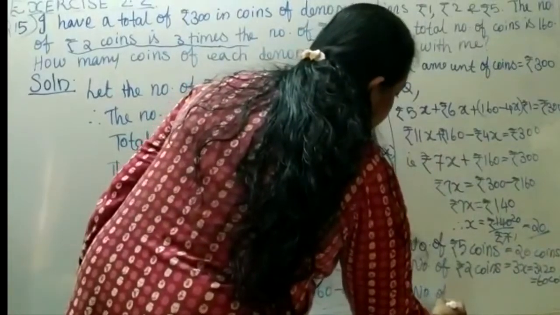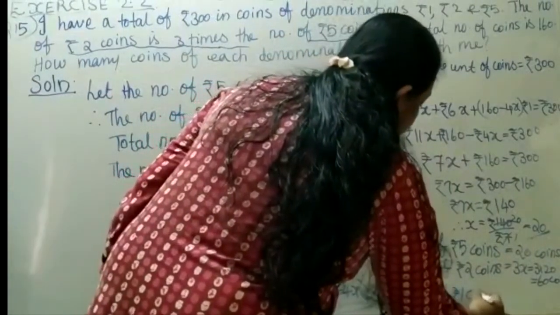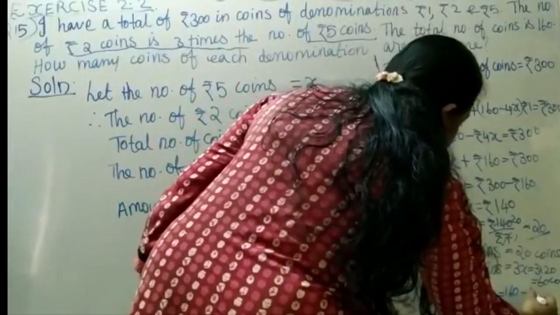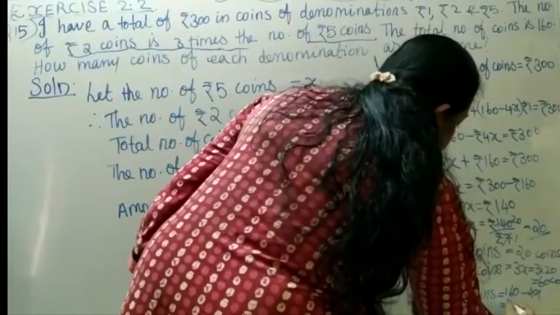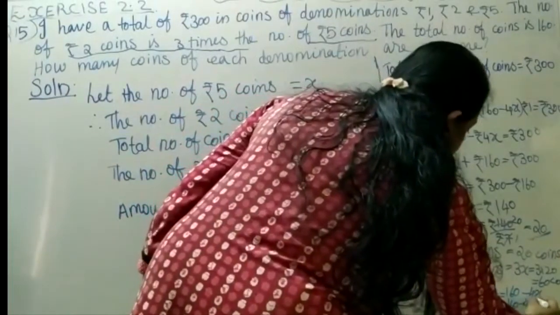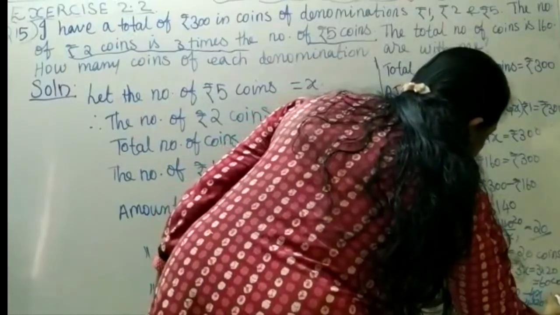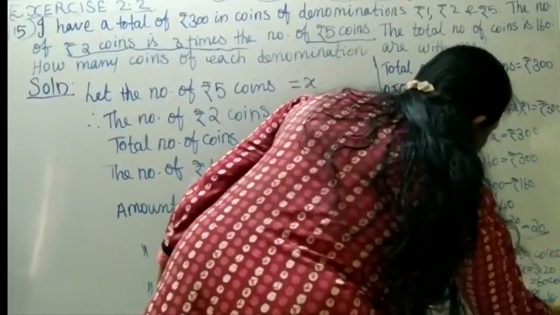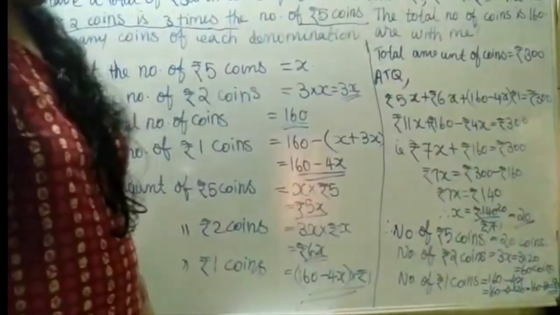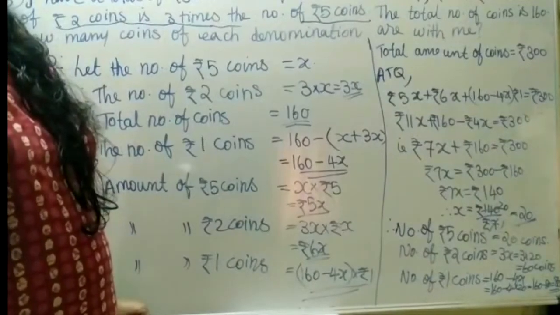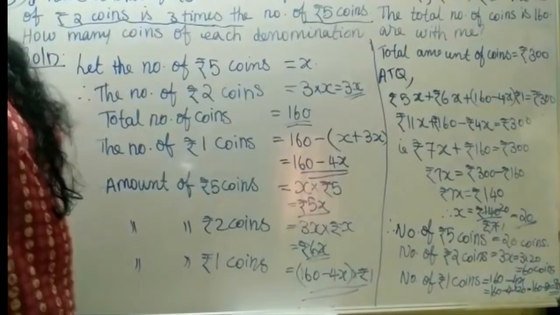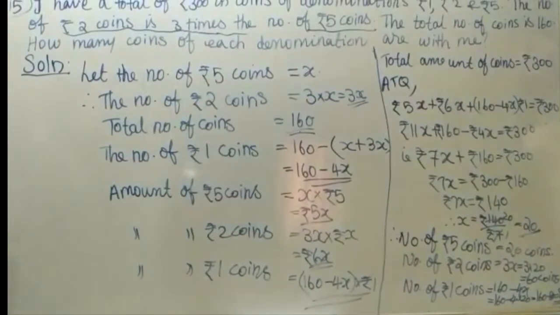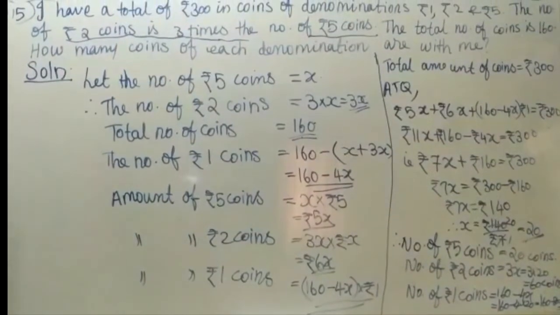And the number of rupees 1 coins equals 160 minus 4x, that is 160 minus 4 into 20, equals 160 minus 80, equals 80 coins. That is, the number of rupees 5 coins is 20, rupees 2 coins is 60, and rupees 1 coins is 80.